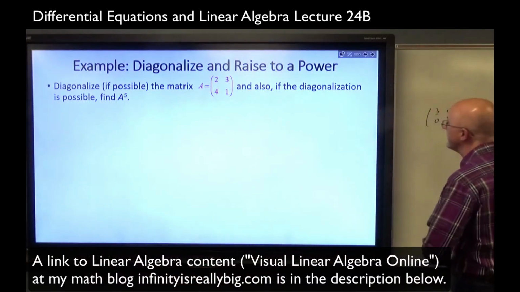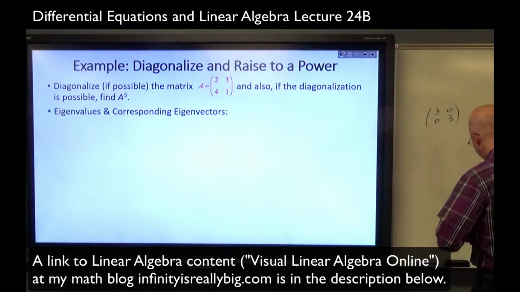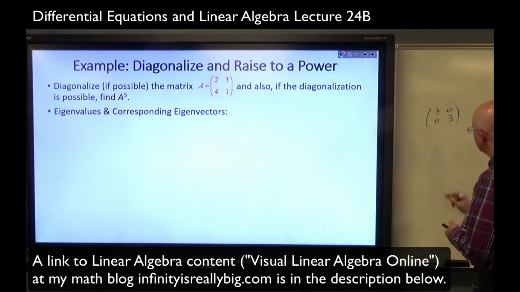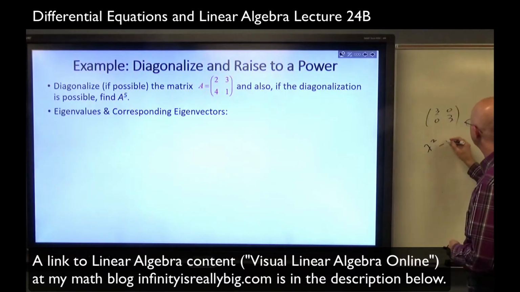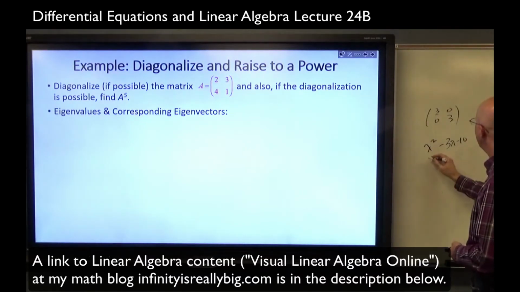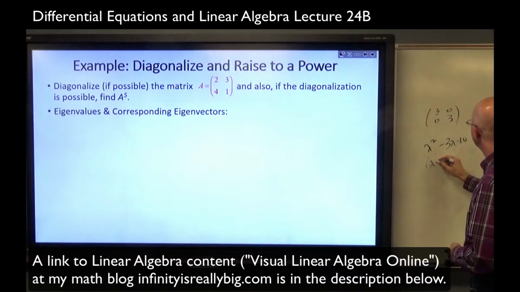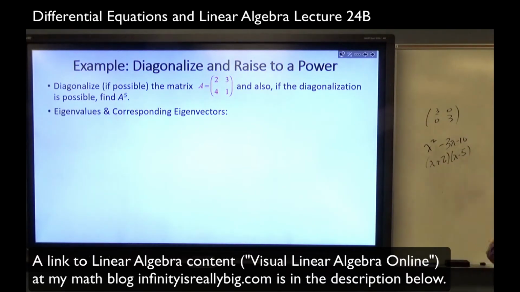The characteristic polynomial, for a 2 by 2 case like this, is lambda squared minus the trace times lambda, minus 3 lambda, plus the determinant. The determinant is negative 10. And that can be factored as lambda plus 2 times lambda minus 5. The eigenvalues are going to be negative 2 and positive 5.